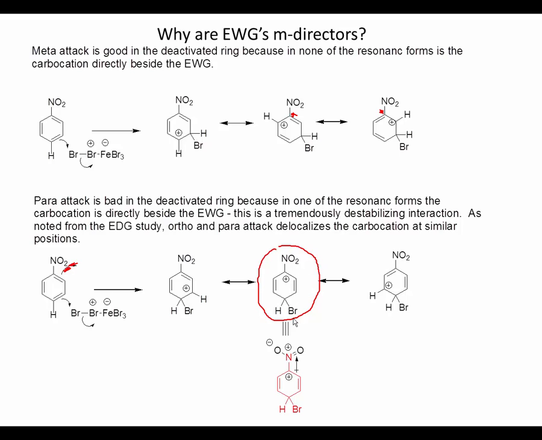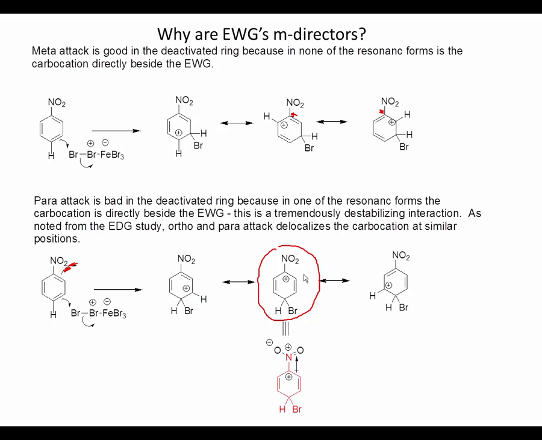Remember that the nitro group is really this charged or zwitterionic structure shown here. And the net result is that you have two positive charges beside each other, and that's a very destabilizing interaction. So we don't want to attack the para position, because that would put the positive charge right where the electron withdrawing group is.